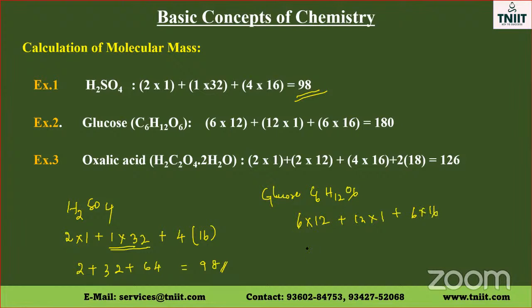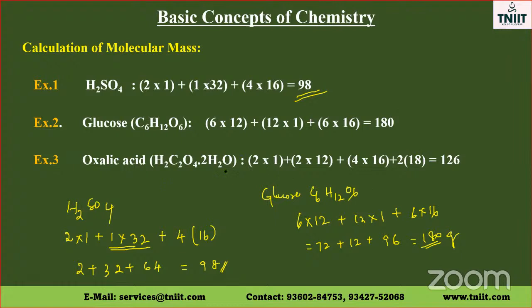So 6 12s are 72, plus 12 into 1 is 12, plus 16 into 6 is 96. When we add these, it is 180. So 180 is the molecular mass of glucose. If we express it in grams, then this becomes gram molecular mass.